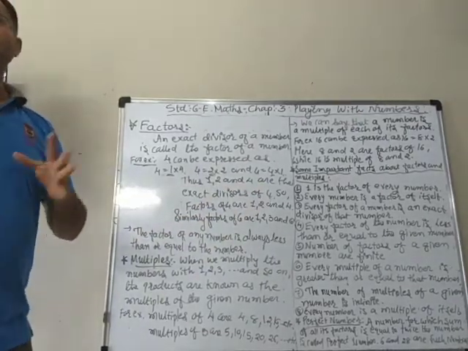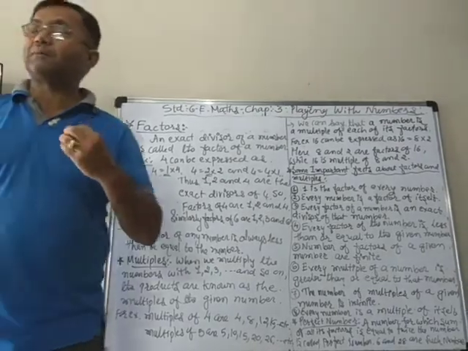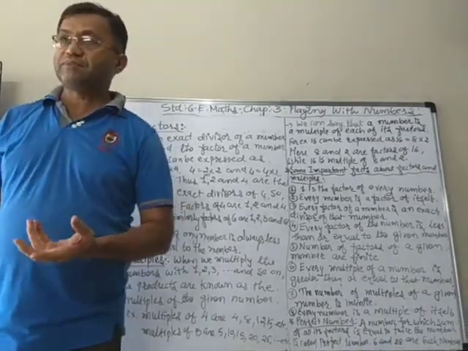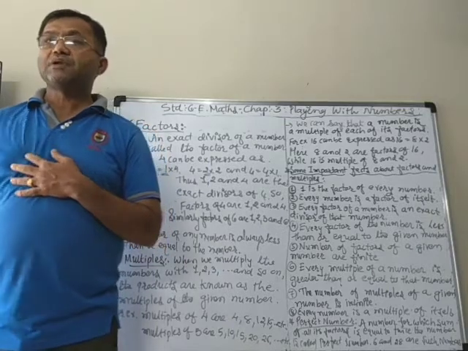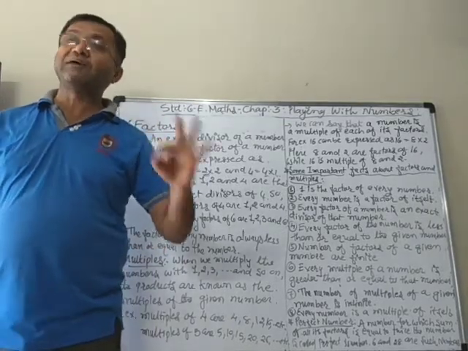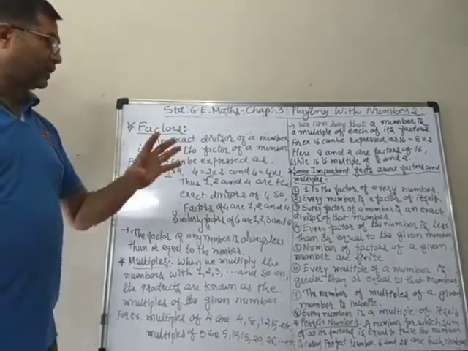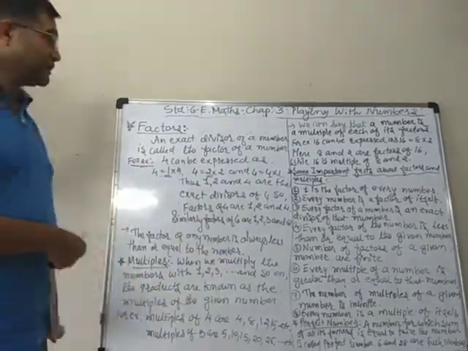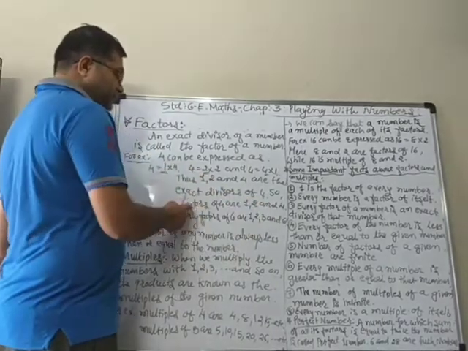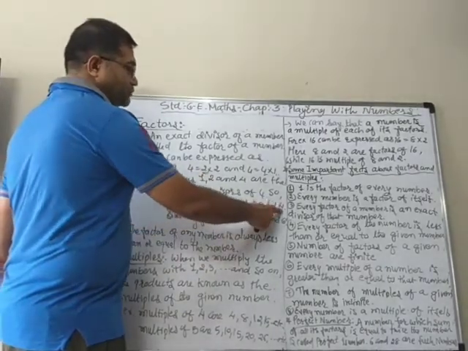Now if you write down numbers and their factors, you will notice that the factors of a number are always either less than that number or equal to that number. Look here at 4. The factors of 4 are 1, 2 and 4.